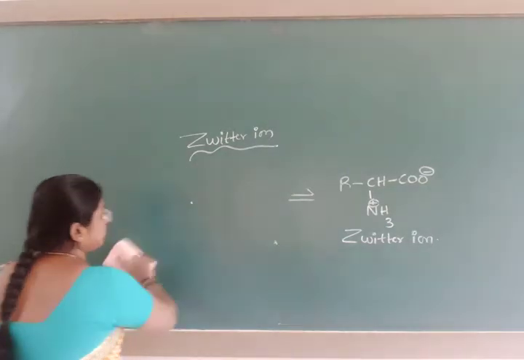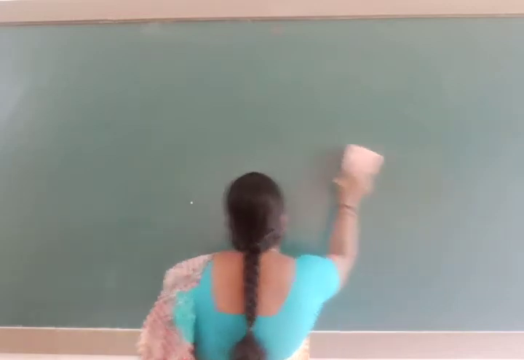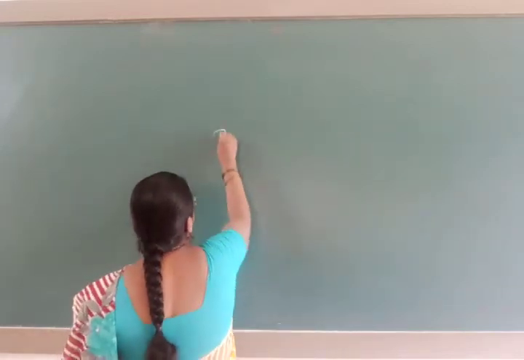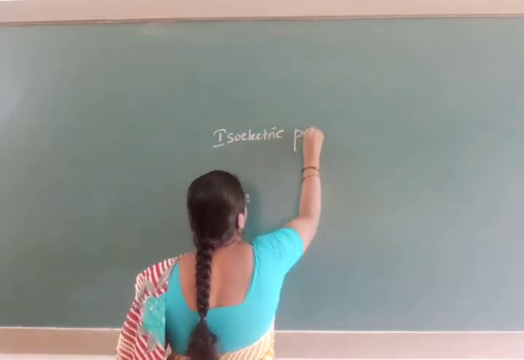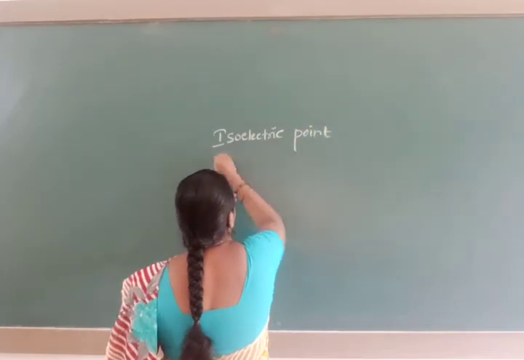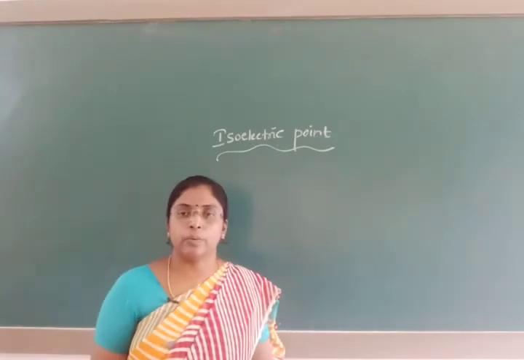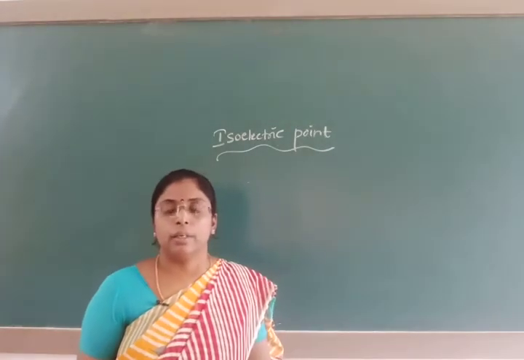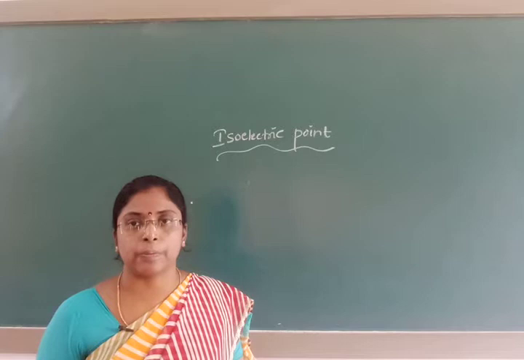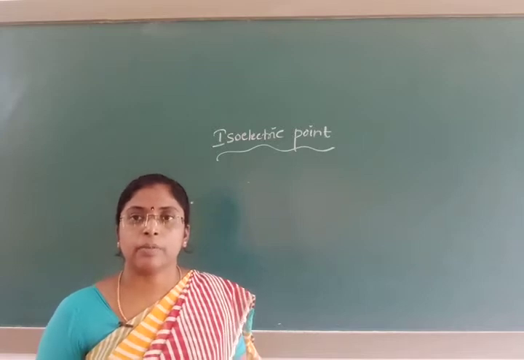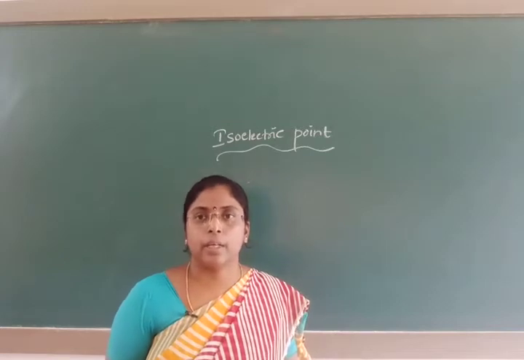After Zwitter ion, next comes isoelectric point. In the exam you get a 1 mark question: what is isoelectric point? At a certain pH value, alpha amino acid does not migrate either towards the cathode or anode, because they form a neutral dipolar ion under the influence of an electric field.